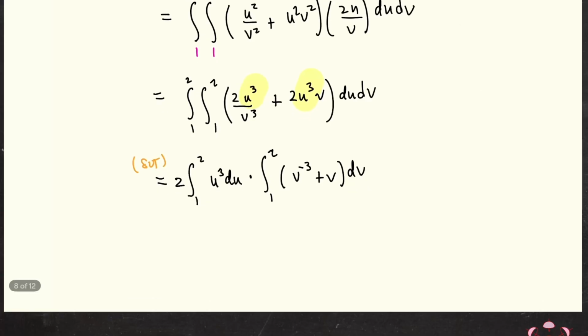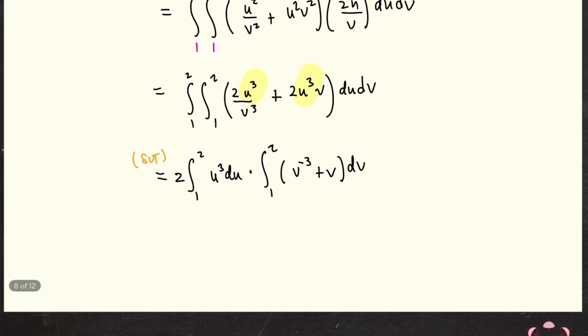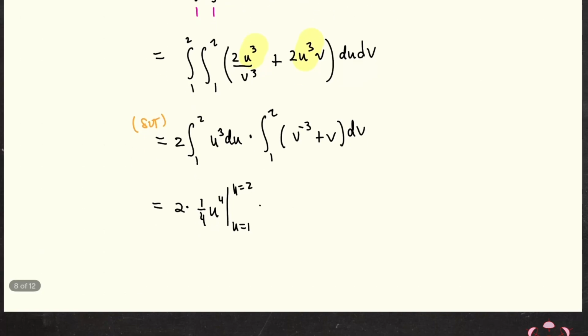Okay. So let's integrate. 2 times the integral of u cubed is 1/4 u to the 4th. U goes from 1 to 2 times, let's see, power rule, v to the negative 3, add 1 to the exponent.